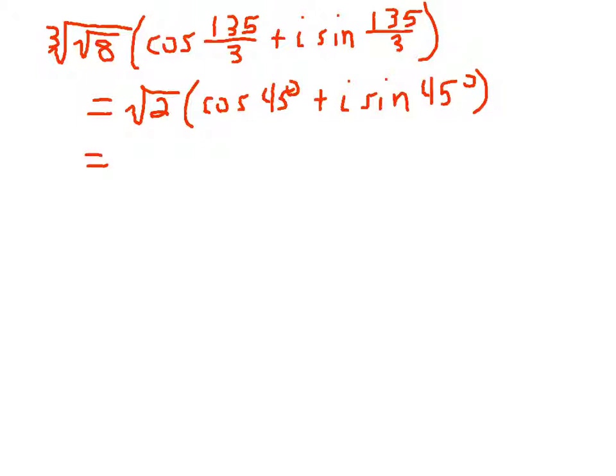Cosine of 45 degrees is the square root of 2 over 2. So when I multiply that times the square root of 2, I get 2 over 2. And then I have plus I. The sine of 45 degrees is the square root of 2 over 2. When I multiply that times the square root of 2, I get 2 over 2. And our final answer is going to be 1 plus I.